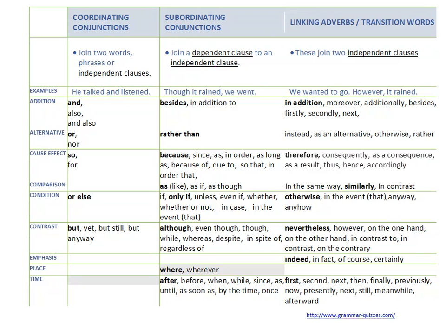We can establish relationships of cause-effect: "so," "due to," "so that," "therefore," "consequently"; or compare parts of the text, as "as if," "as though," or "similarly." We can create conditions between the clauses that we are uniting: "or else," "only if," "otherwise"; or contrasts: "but," "although," "nevertheless."